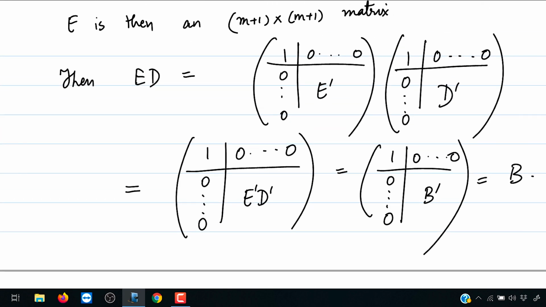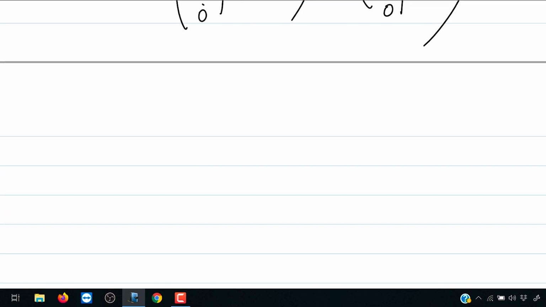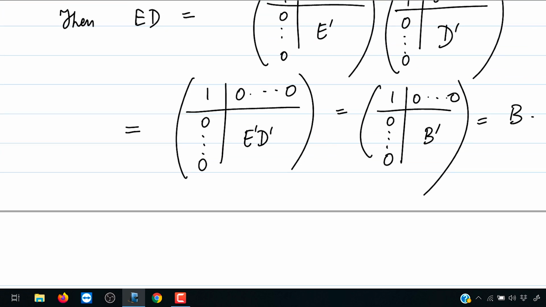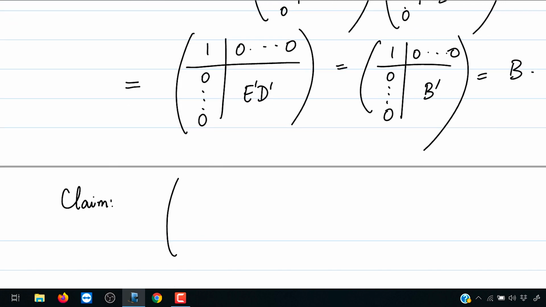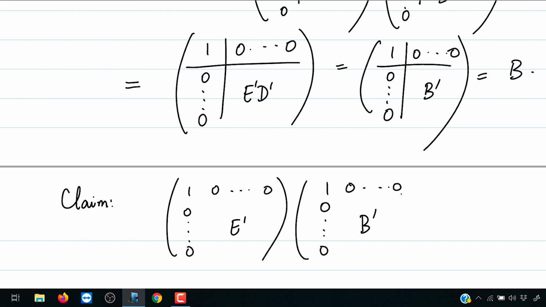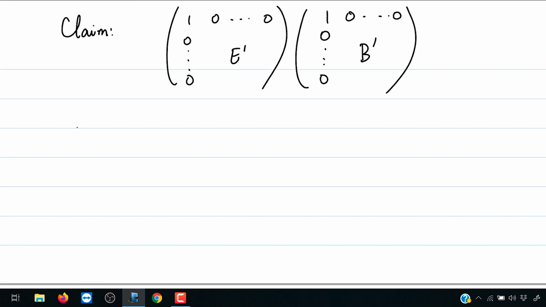Okay, so there is one step which I am now circling in green, wherein I have asked you to check the relevant details. I will just give an indicator of what the check that is needed will look like. This matrix, 1 and zeros here, and then E prime, times 1 and zeros here, and then the D prime. Let's see what the ijth entry will look like.